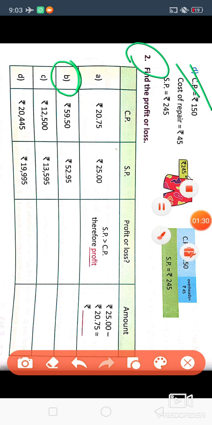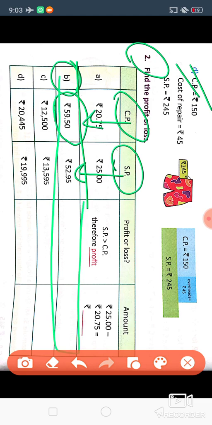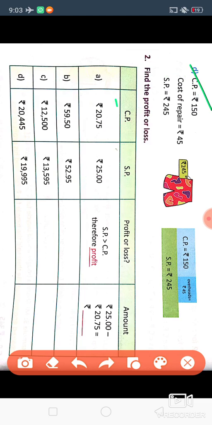In question number B, what is given? CP is given as 59.50, and SP is given as 52.95.